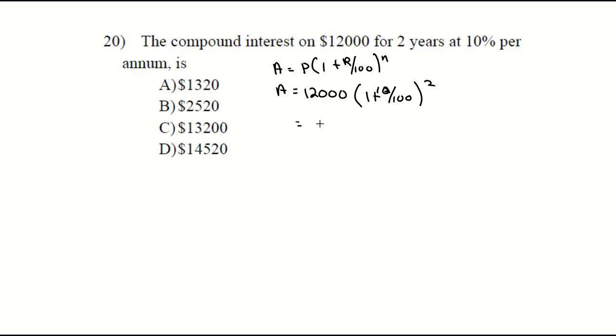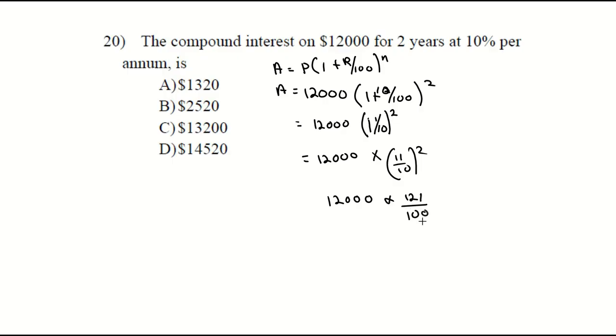So then this would be 12,000 open bracket 1 and 1 over 10 to the power of 2, because 1 plus 10 over 100 is 1 and 1 over 10, right? So this would be 12,000 multiplied by 11 over 10 all to the power of 2, which would be 12,000 multiplied by 121 over 100.